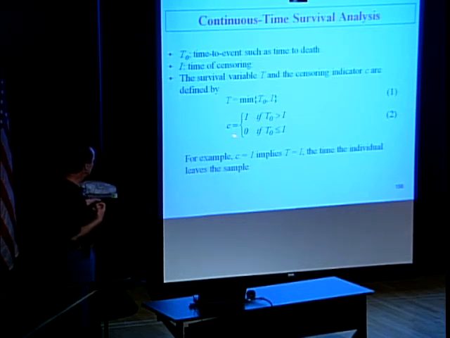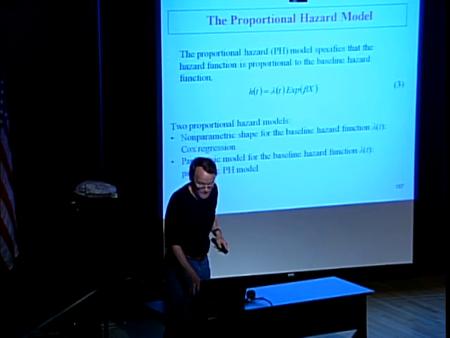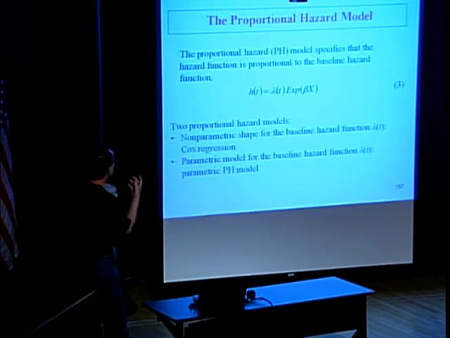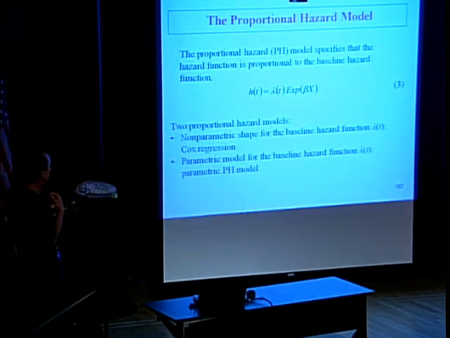So here you're censored, here you're not. This is a model that can be, once again, expressed as a proportional hazard model, specifying that the hazard function is proportional to the baseline hazard function, where baseline here can be considered to be the intercept of a model where the slopes are in this part.